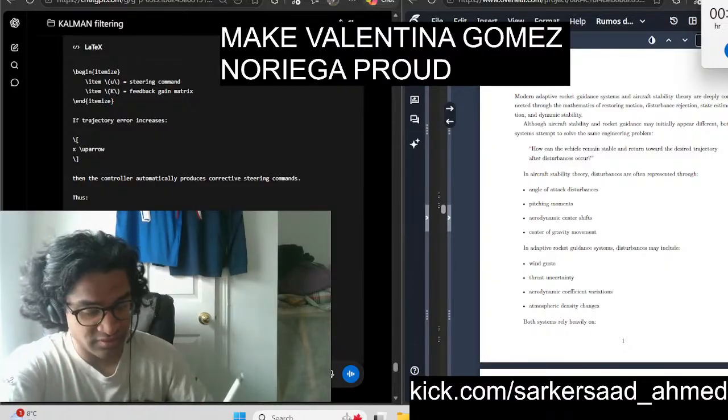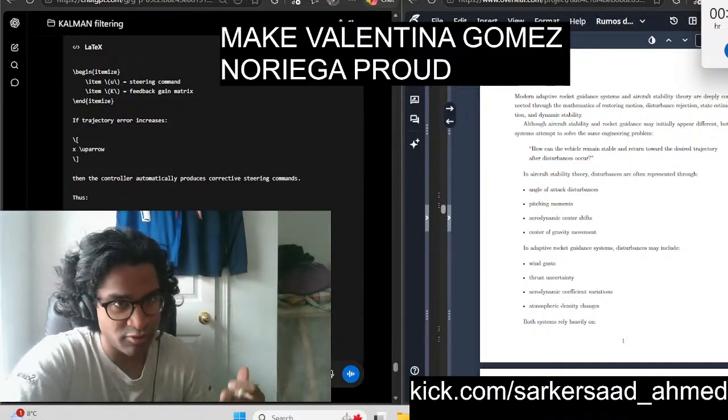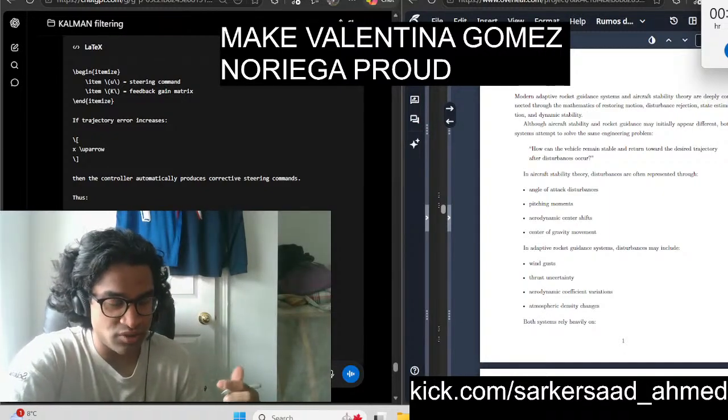So what are the disturbances? Angle of attack. We're going to combine all those. It doesn't matter because both of them are correlating to each other.